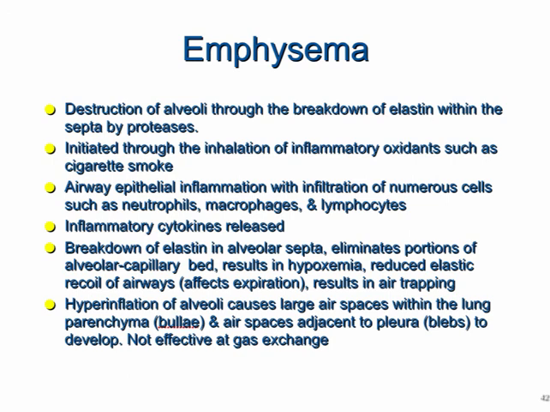And they end up with hyperinflation of the alveoli. They can get larger areas of air, which they call bullae, or areas adjacent to the pleura, which they call blebs, that can develop too. But really their lungs become ineffective at gas exchange, and those areas are definitely ineffective at gas exchange as well.